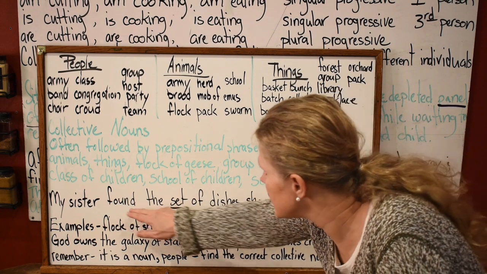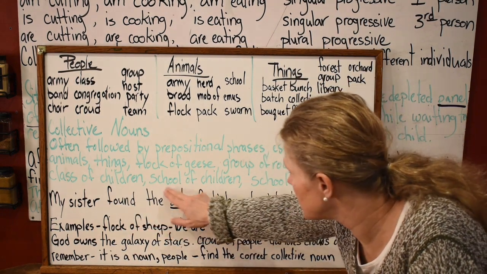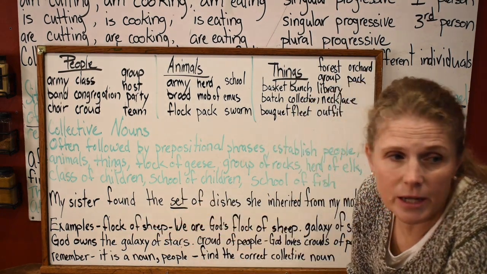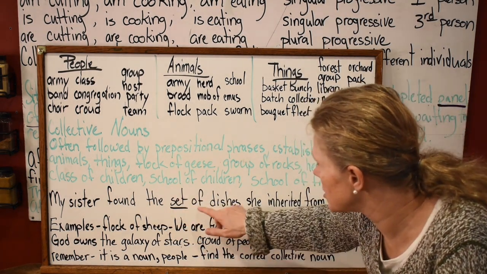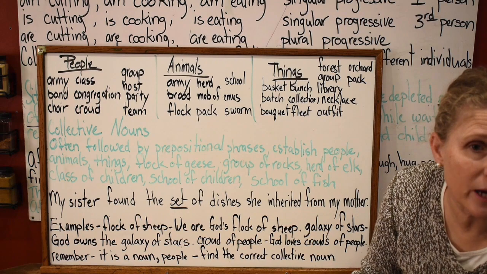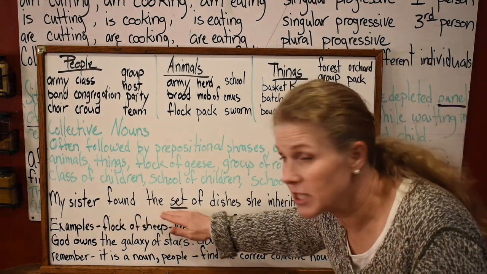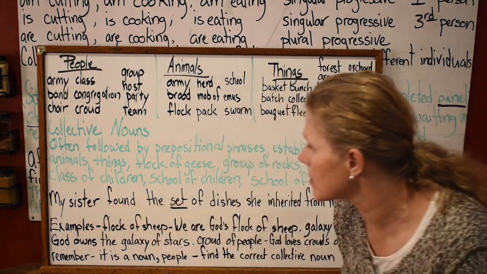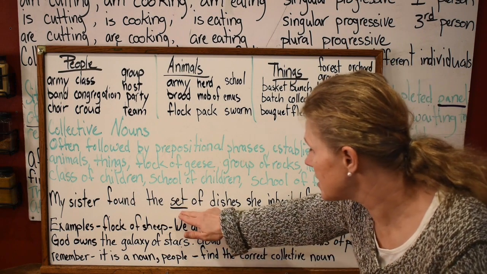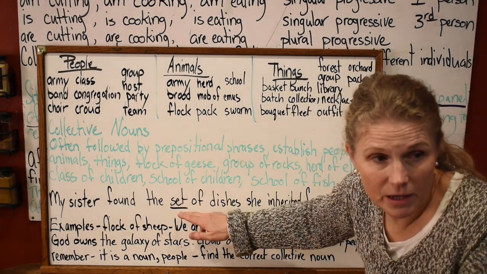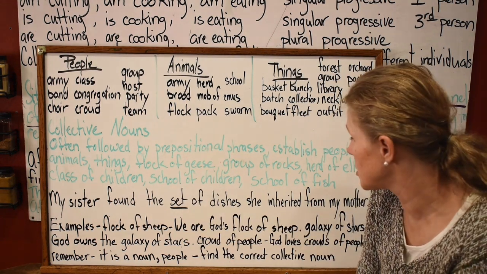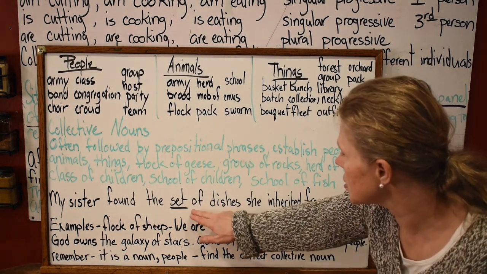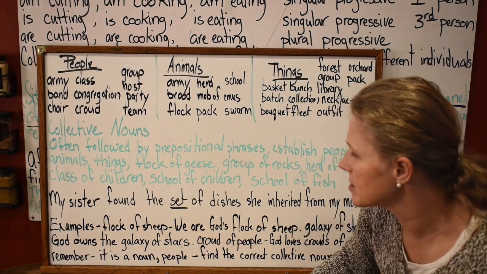So see how, since it's sitting in the direct object position, it doesn't really matter. You don't need to worry about whether your subject and verb are matching, because this is a noun position somewhere else. You only need to worry about it if it's your subject and your verb. And then of dishes is describing the set.